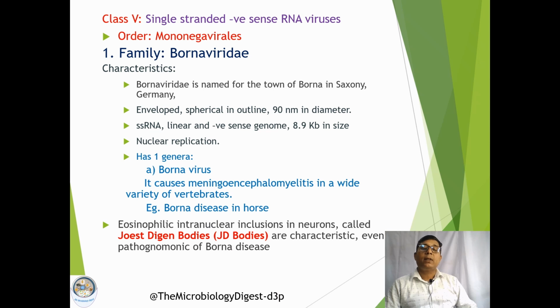This virus is associated with meningoencephalomyelitis in a wide variety of vertebrates. For example, there is a disease in horses called Borna disease. This virus produces characteristic eosinophilic intranuclear inclusion bodies in neurons. These inclusions are specifically called Joest-Degen bodies or JD bodies, and they can be considered pathognomonic for Borna disease.